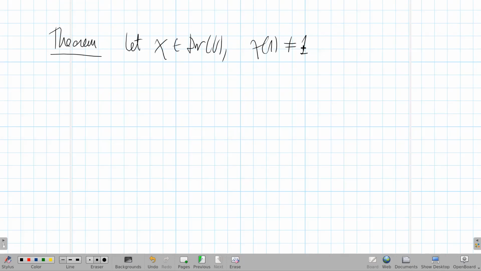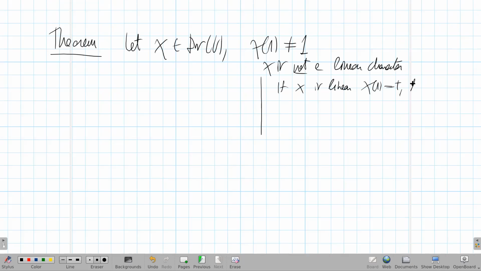So this means, in words, chi is not a linear character. And recall that a linear character is nothing else but a morphism from G to C star. Let's recall it here. If chi is linear, then chi of 1 equals 1, and I recall this means that the representation has dimension 1.